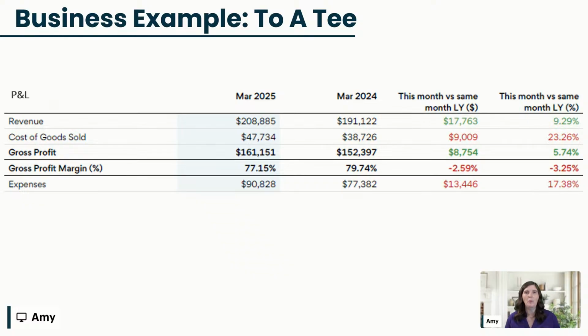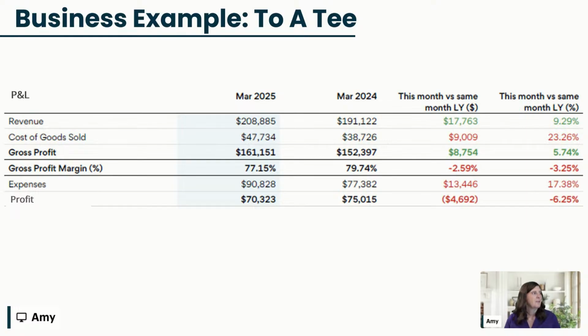We would want to understand all of the things that caused that difference. What made up that $13,000? Did our rent go up? Did we pay out some bonuses to our staff? Did the cost of bags go up? Maybe utilities went up. Those are the things that we want to be thinking about when we think about expenses.